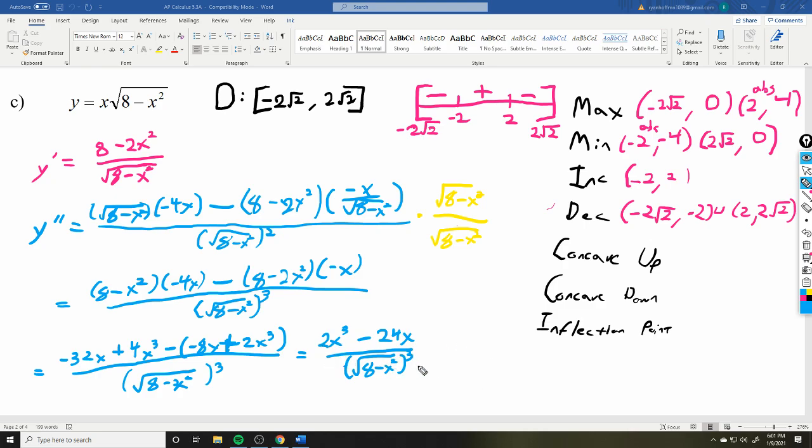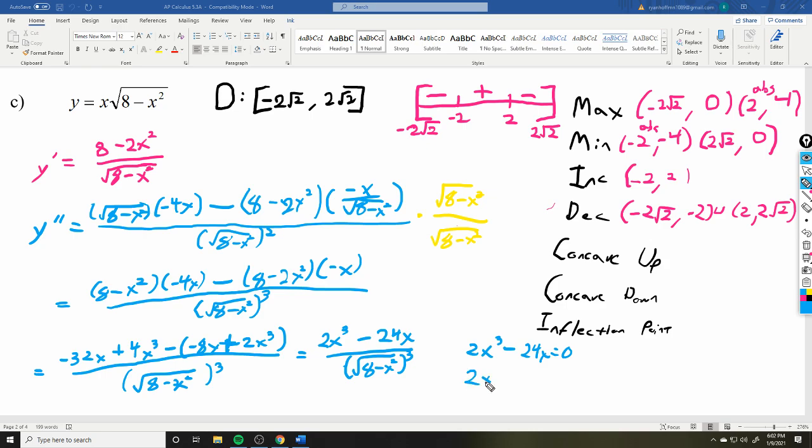So now we want to look at where this is 0 or doesn't exist. Well, it doesn't exist at the endpoints again, but we're not interested in that for inflection points. And so that leaves where the top is 0. So when does 2x cubed minus 24x equal 0?